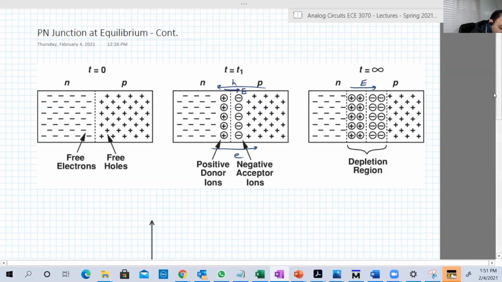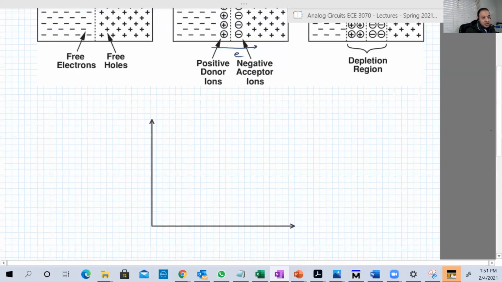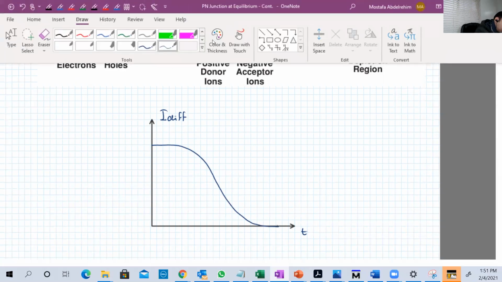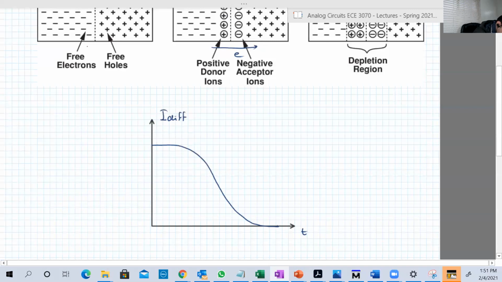Let's sketch how we can imagine the relation between the drift current and the diffusion current. If this is the I diffusion over time, the drift current would be something like this.